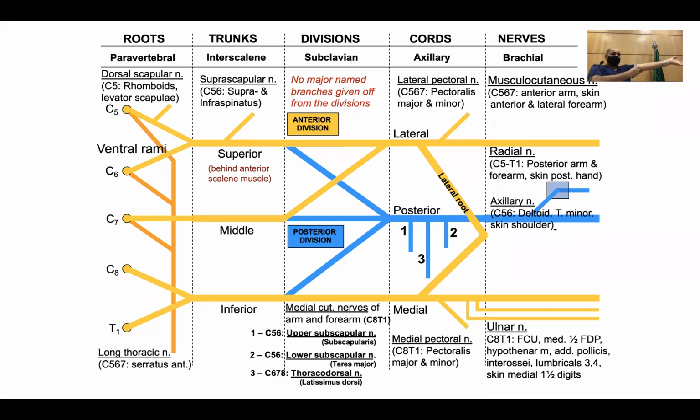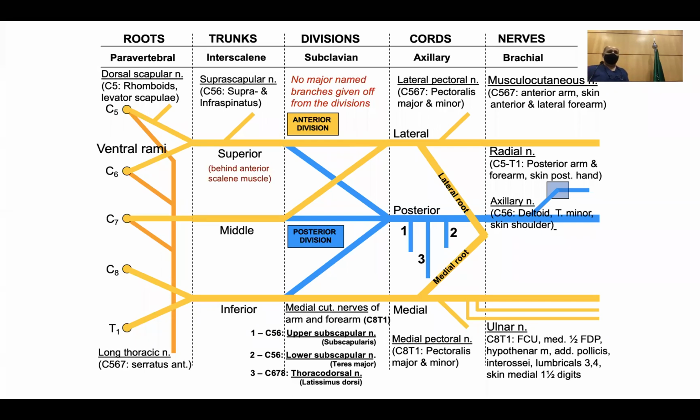My ulnar nerve doesn't have any contribution in the arm, very little contribution in the forearm, but the main contribution in the hand. And my posterior cord gives the axillary nerve which supplies the area under the deltoid, and then it also goes to the back.